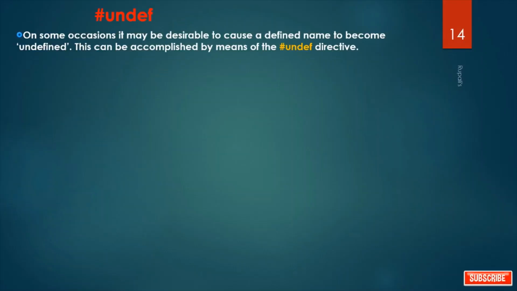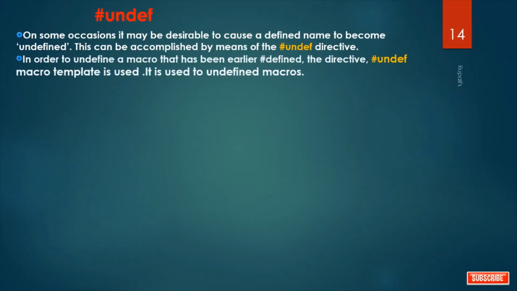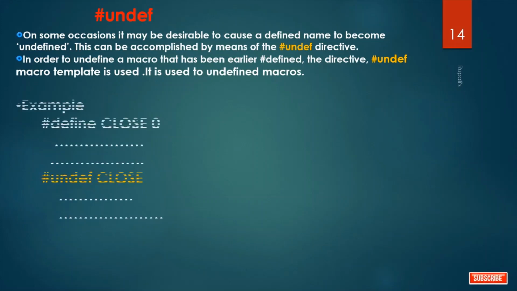Now, #undef. On some occasions, it may be desirable to cause a defined name to become undefined. This can be accomplished by means of the #undef directive. In order to undefine a macro that has been earlier defined by #define, the directive #undef macro template is used. It is used to undefine a macro. See the example. Here #define CLOSE 0.